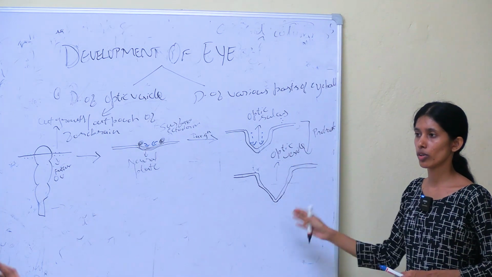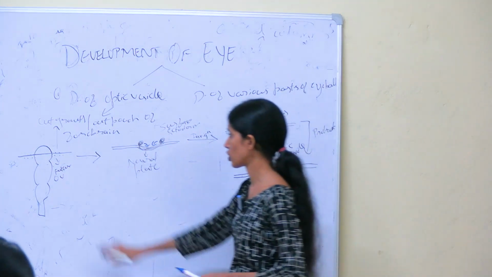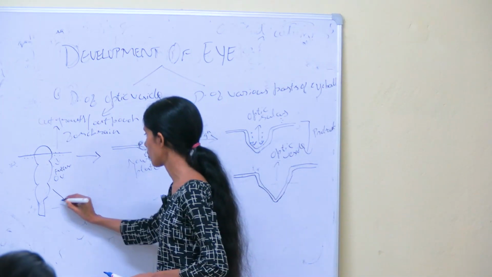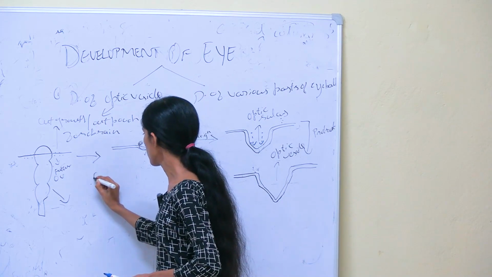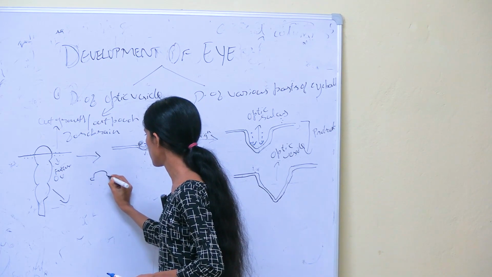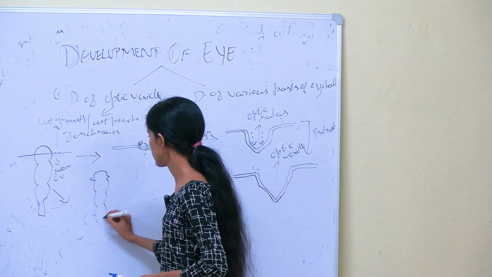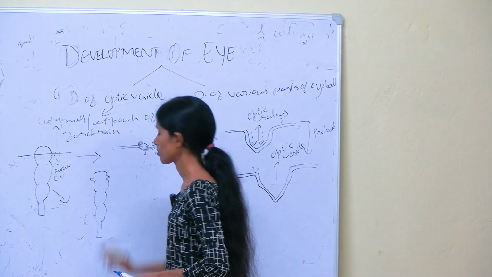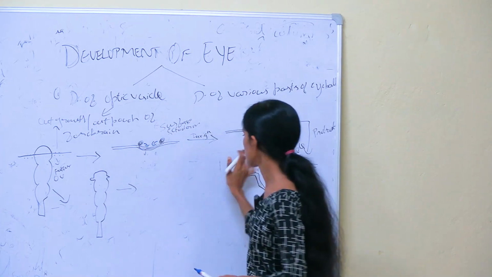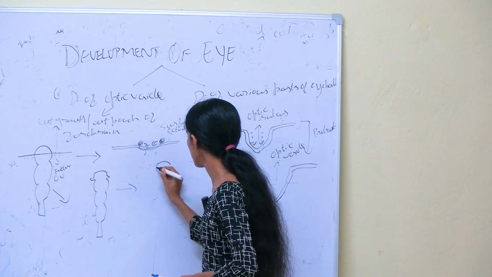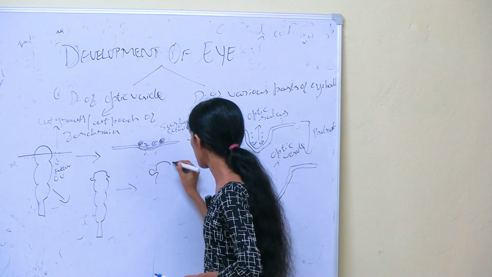So this is more like a cross-section study. If you see the same structure in your developing embryo, this is how exactly it will look. First it will appear only as a mass of cells like this. Later this mass of cells will turn into a sulcus like this.